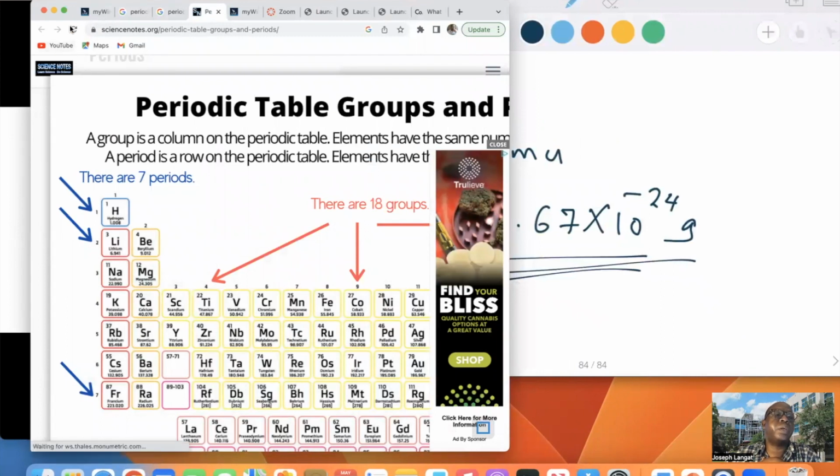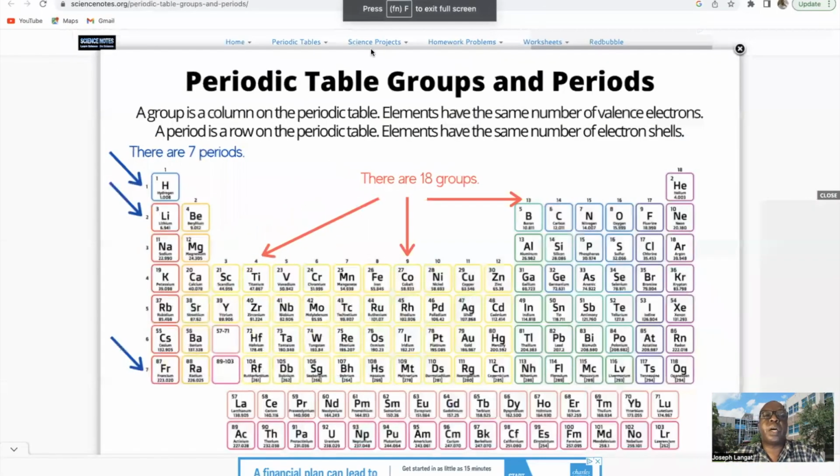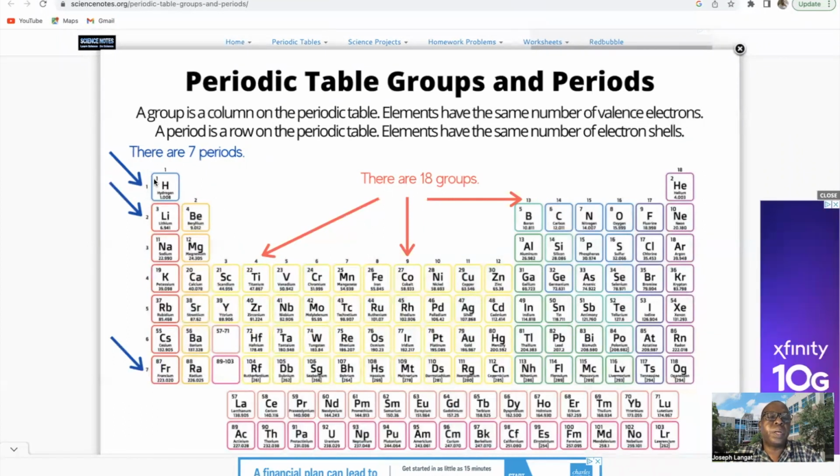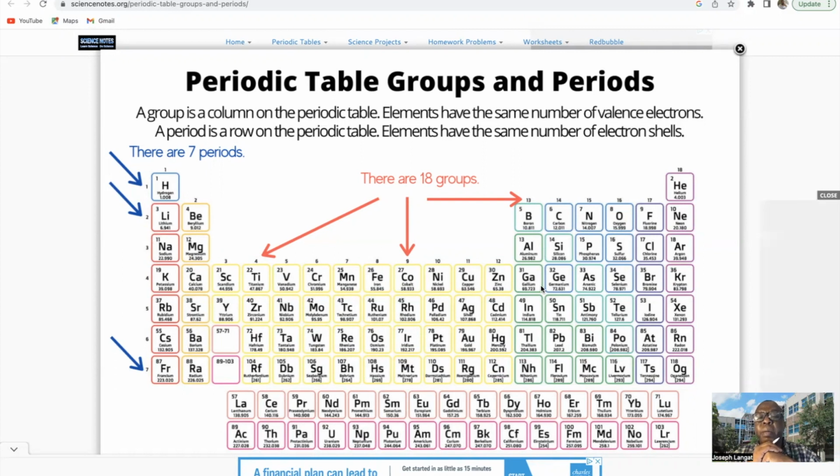They have different numbers of protons. Remember atomic number 1, 2, 3, 4, from left to right. The periodic table is organized in such a way that the atomic number increases from left to right, and the number indicates the number of protons.